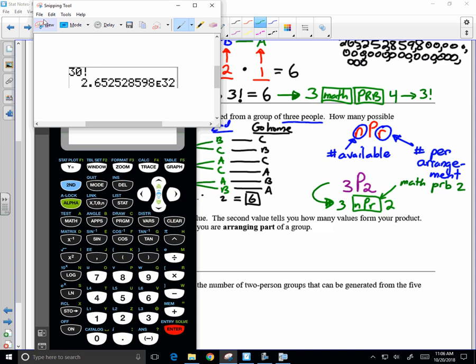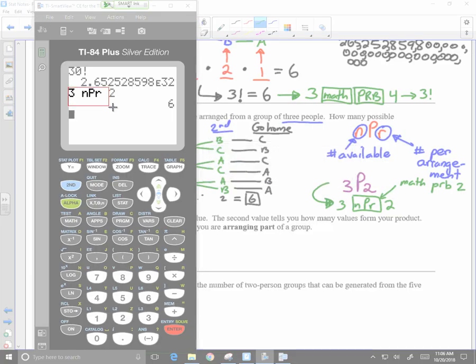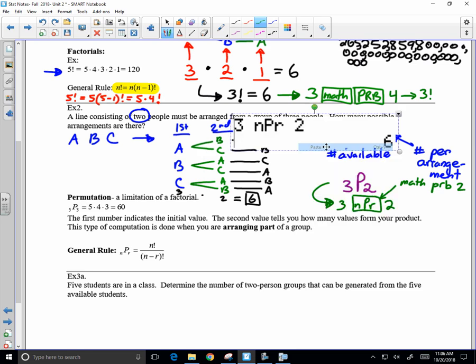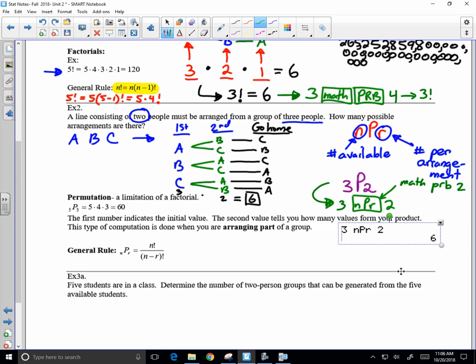Again, we don't need the calculator for the small samples. We need it for when it gets bigger and bigger. So if I had 40 people available, and I wanted to put them in 5-person arrangements, 40P5. What you have, what you want. And that's how you determine an arrangement.